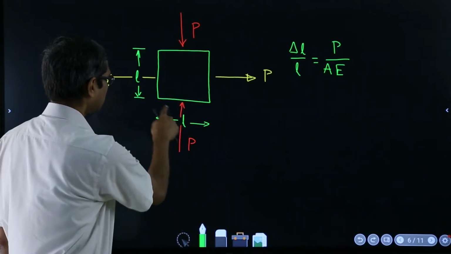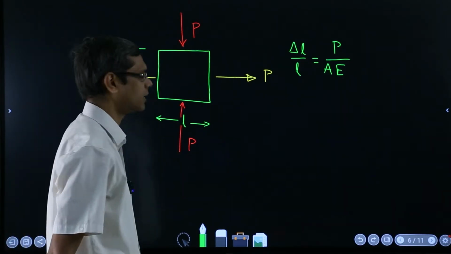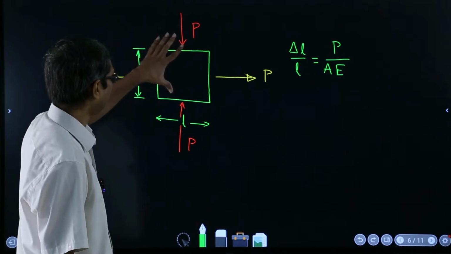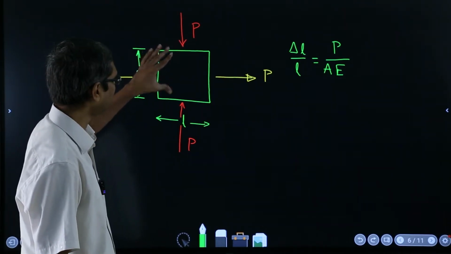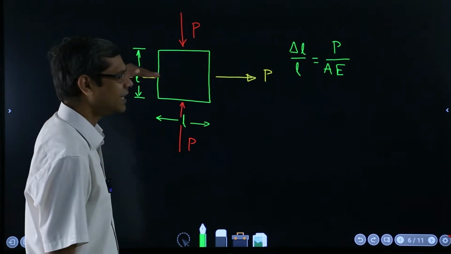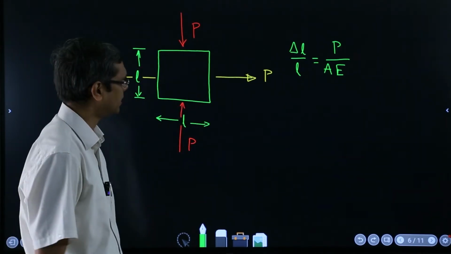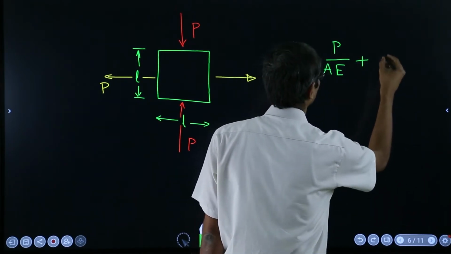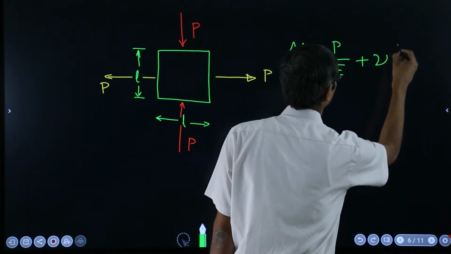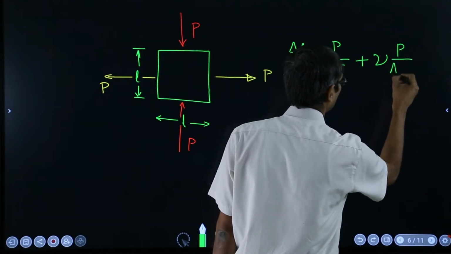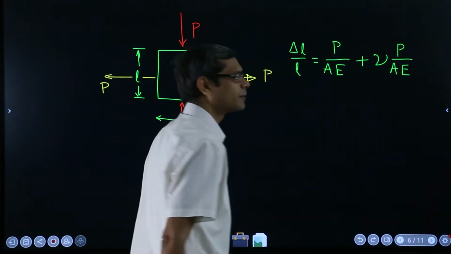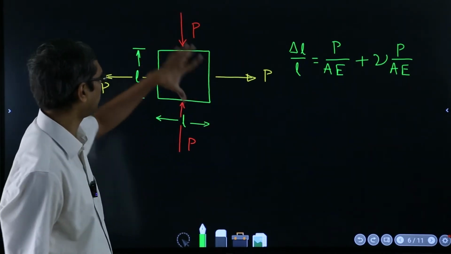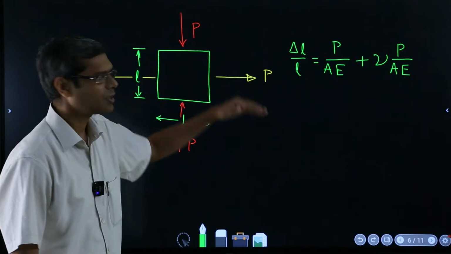So, that is because of this elongation, but along with that, there is a compressive force in this direction, because of which there will be an elongation due to the Poisson's effect. So, now that will come to be plus nu times again P over AE, because the direct stress or strain will be P over AE in the y direction multiplied by nu.